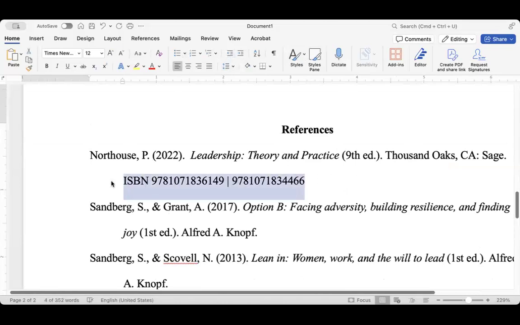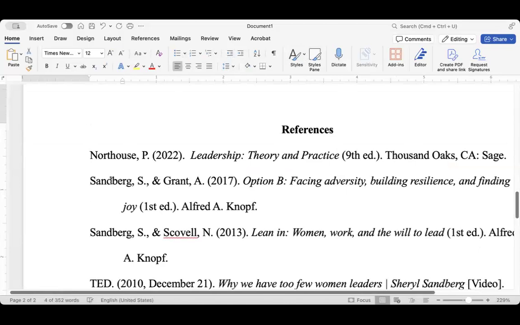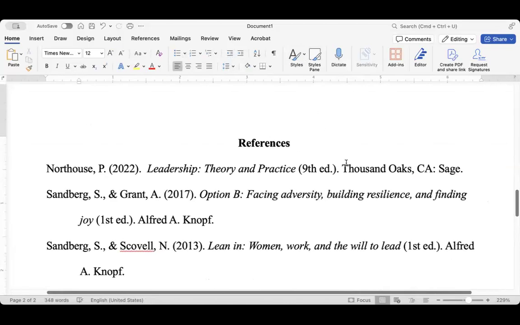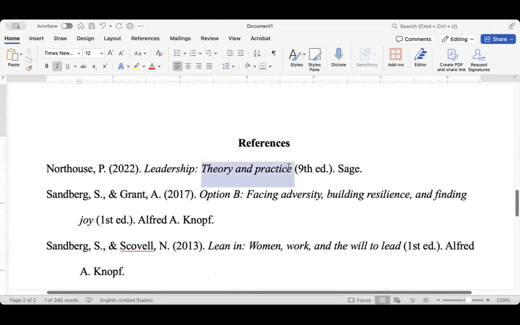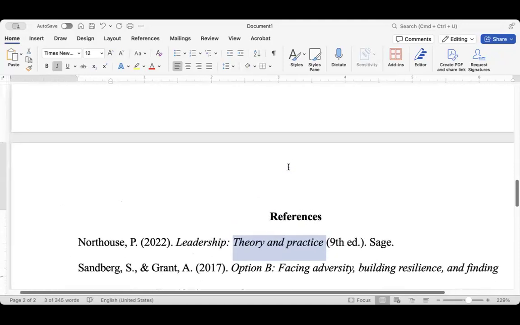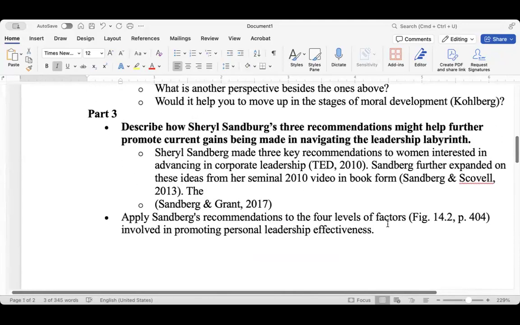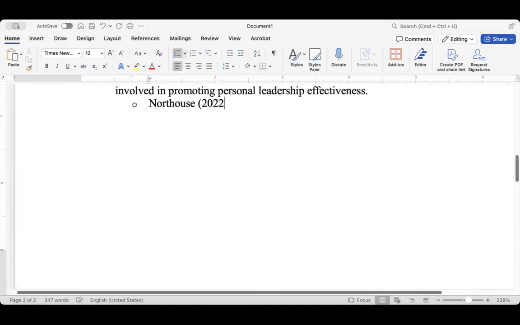So the ISBN numbers, these unique identifiers for the book, those aren't included in APA style, so take that out. In APA 7th edition, we no longer include city and state, so we take that out. And then one space after period, and then this should be in sentence case, so lowercase p. And that was Northouse 2022.